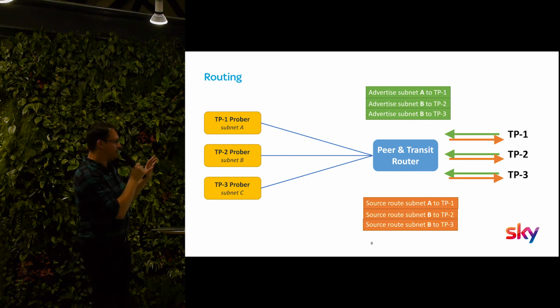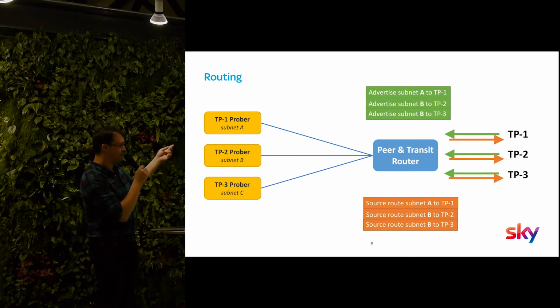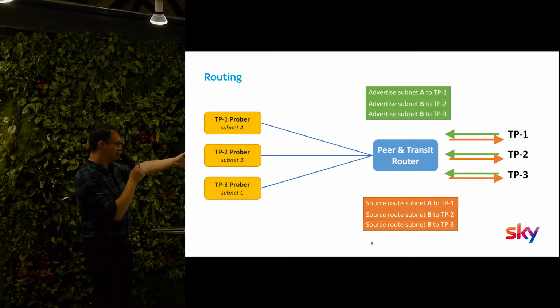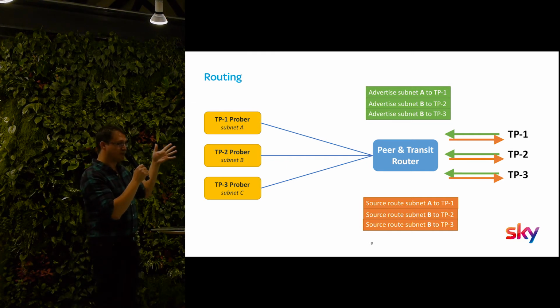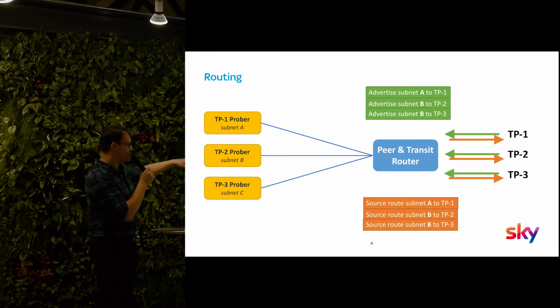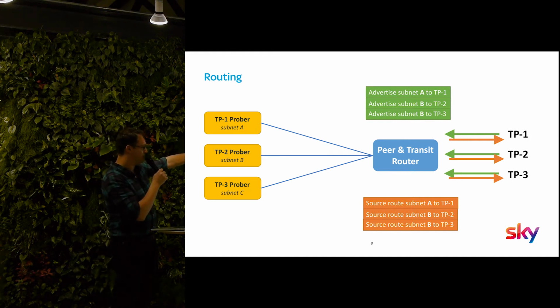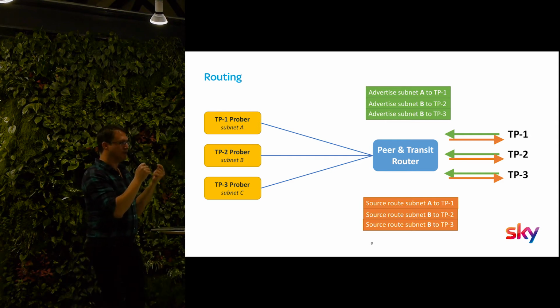In some cases, this is what I call the soft requirement in the slides, because you might not have enough /24s, as it's quite expensive. What you can do is have all three probers reside in the same public space, which could be much smaller than a /24, and then enforce source routing for the outgoing traffic. If all these probers are in the same subnet and you advertise through one transit provider, they are all going to come back through that one transit provider.